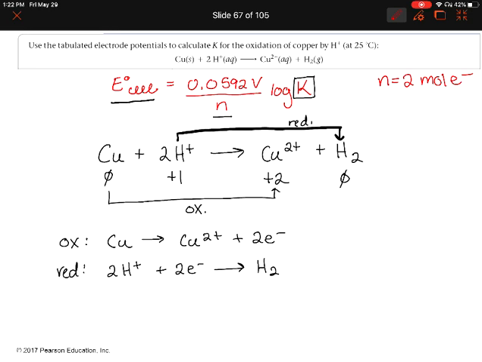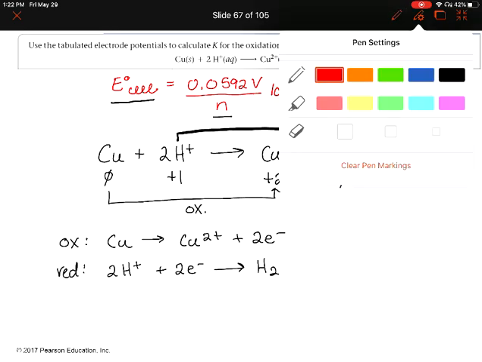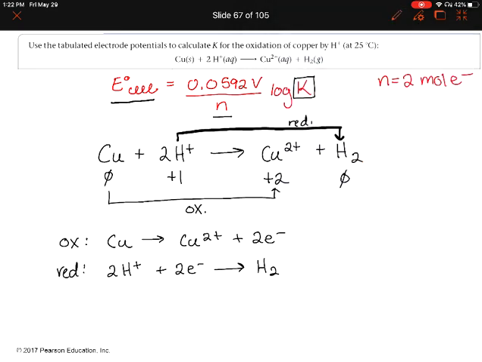So now let's determine what E cell is. I'll do that in blue. So let's look up the potential values for these half reactions. So for copper turning into copper 2+, you should find that the potential value is 0.34 volts.